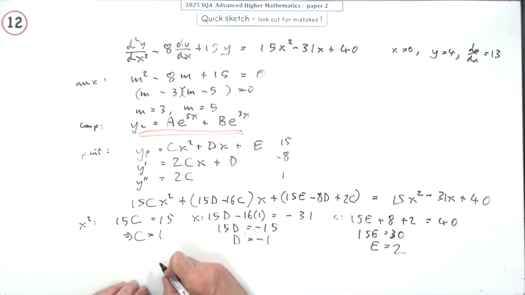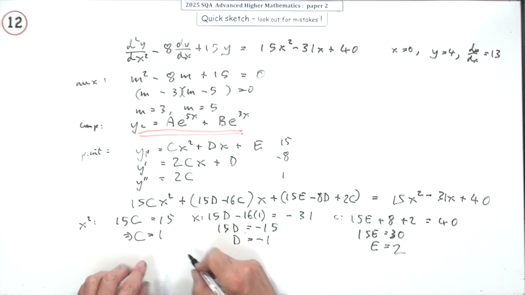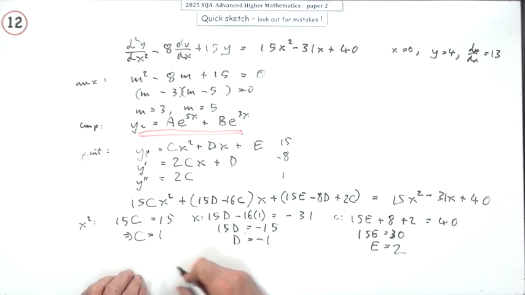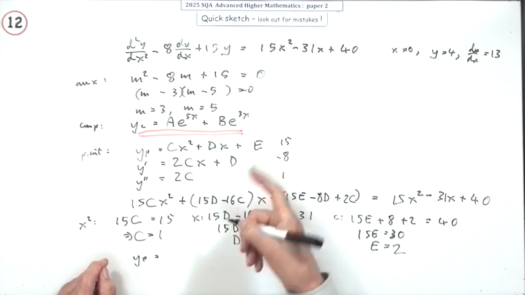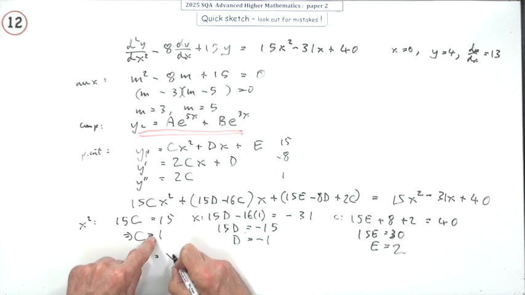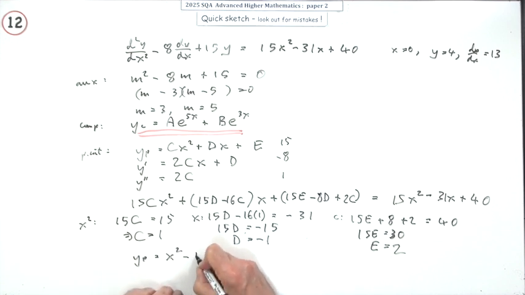Now you can finally put that back together. Not left myself enough room to get that and then add that onto it, so I'll just crush it up. So y_p is going to be, putting it all together, it was order c, d, e, so 1 lot of x squared minus 1 lot of x plus 2.